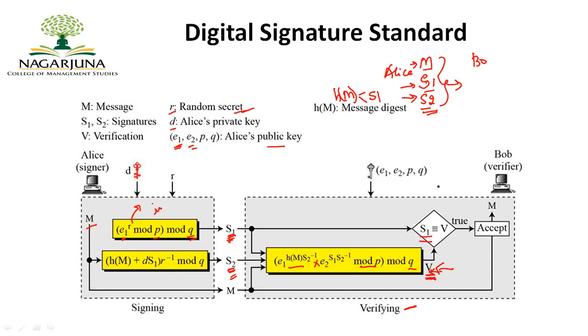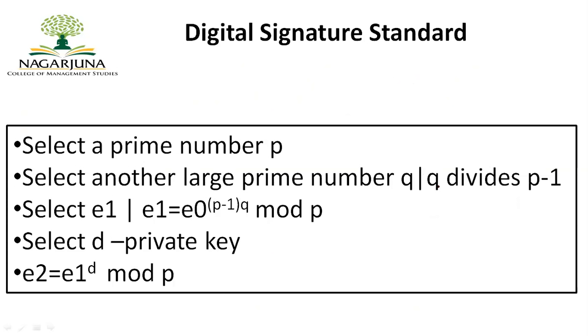The first step that we are going to use is key generation. With respect to the key generation, it's very similar to your Schnorr signature method. The first and foremost thing we have to do is select a prime number P such that it should be a multiple of 64.